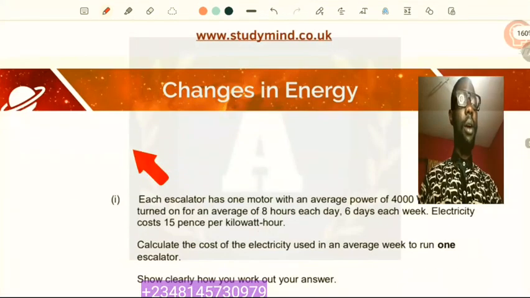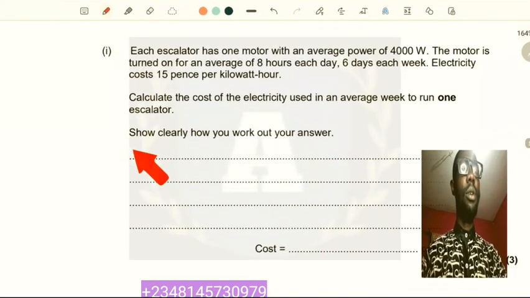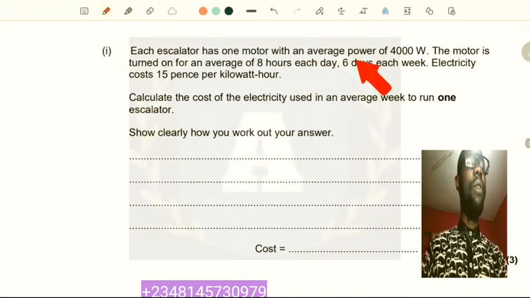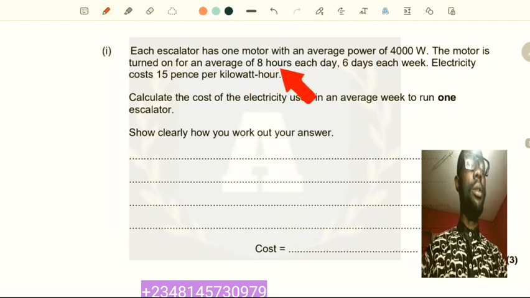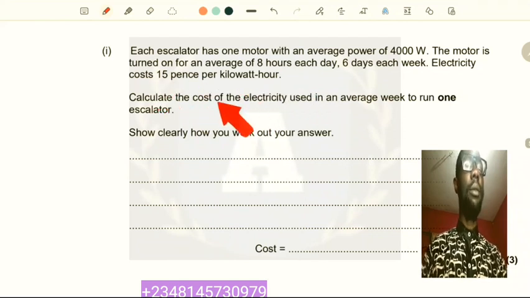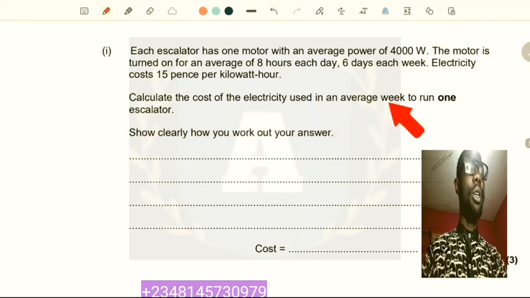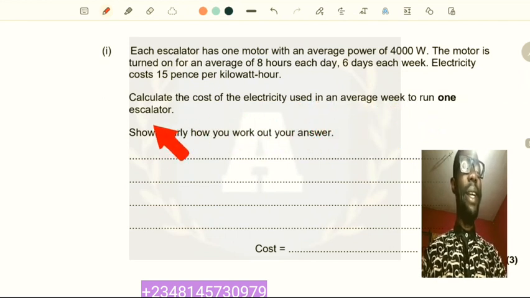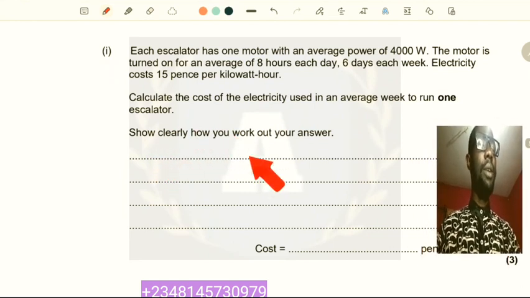Each escalator has one motor with an average power of 4,000 watts. The motor is turned on for an average of 8 hours each day, 6 days each week. Electricity costs 15 pence per kilowatt hour. Calculate the cost of electricity used in an average week to run one escalator. Show clearly how you work out your answer.